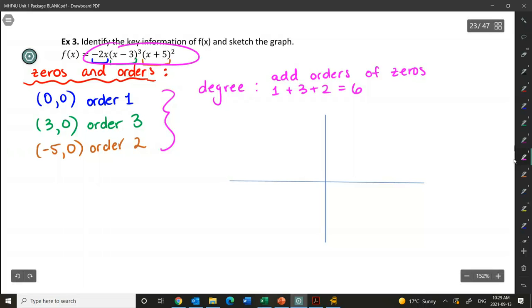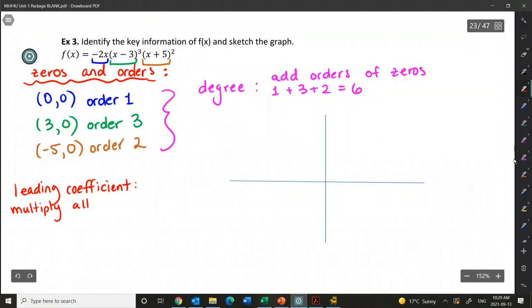Ideally, I do not want to have to expand something like this because it's going to take a really long time, and I want to make my life easier if possible. So that's going to help us with degree. The quick way of finding leading coefficient. So leading coefficient, you are going to multiply all coefficients on x's.